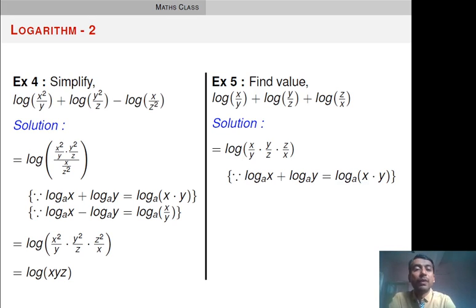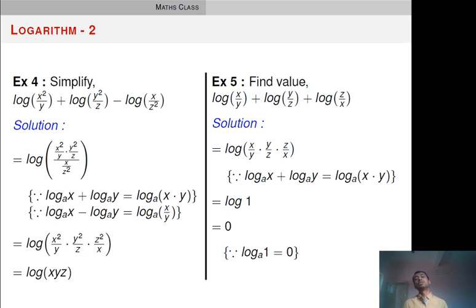So log of x upon y into y upon z into z upon x. Now cancel out what can be cancelled inside the bracket. You can see that y will be cancelled, z will be cancelled, and x will be cancelled. It means everything inside the bracket gets cancelled, and we are left with log 1, and log 1 is equal to 0. So this is the answer.